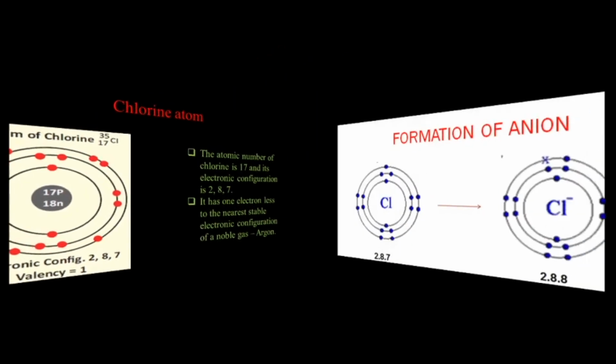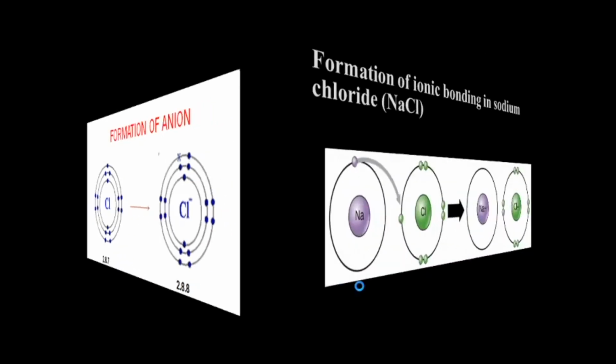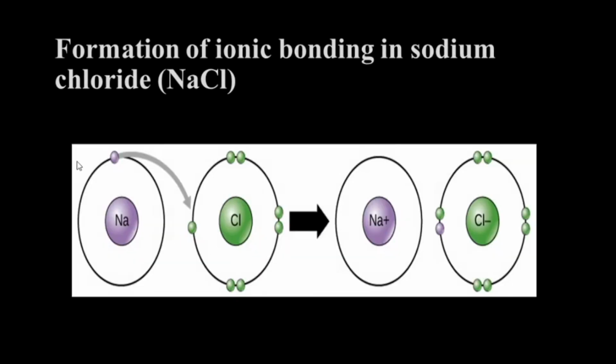So chlorine gains one electron and forms a chloride ion, Cl minus. The outermost electron of sodium is transferred to the chlorine atom, so it forms Na plus and Cl minus. Automatically, due to electrostatic force of attraction, they join together and form NaCl molecule.